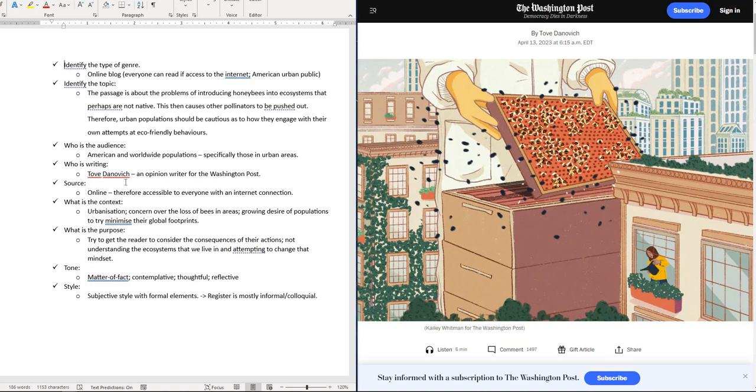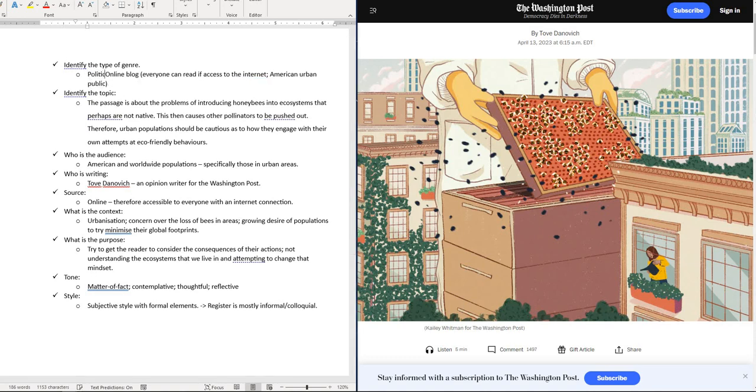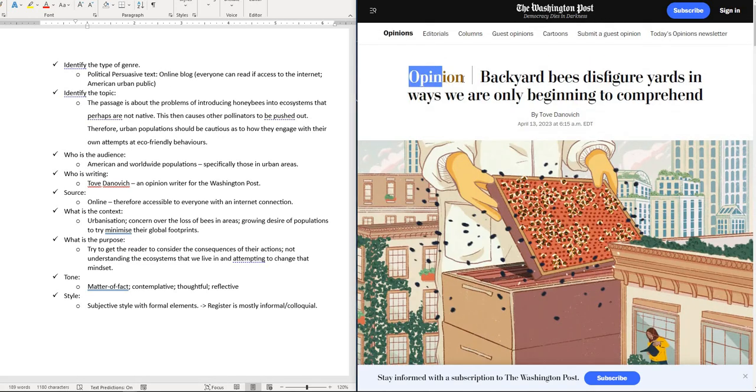Okay. Now, it asks me to identify the type of genre. Okay, and if I'm looking at my assessment 1 pack, it is a political persuasive text. I do need to actually include that. And in this case, it's an online blog. It's an opinion piece.